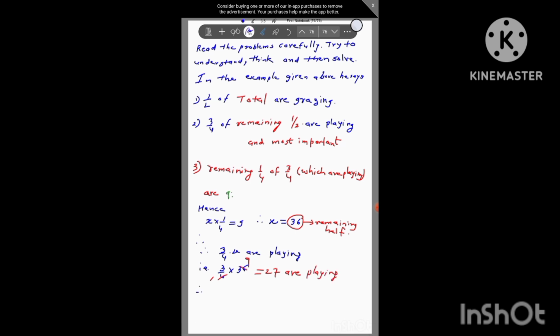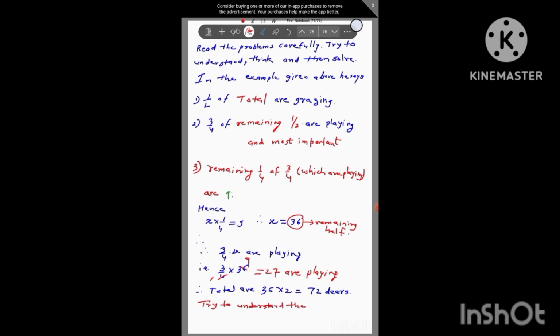Okay. So this is how you tackle the problem. It is very easy if you think it. Got it? The 36 into 2. So we have the total number, then how many are playing, that is 27, and how many are drinking water is 9, which is given.